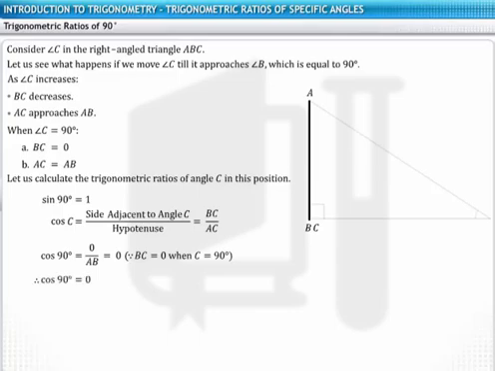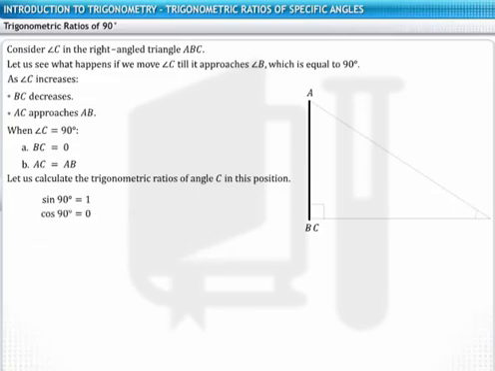Thus we can say that cos 90 is equal to 0. We know that tan theta is equal to sin theta divided by cos theta. Substituting theta equal to 90 degrees and simplifying, we get tan 90 degrees is undefined.